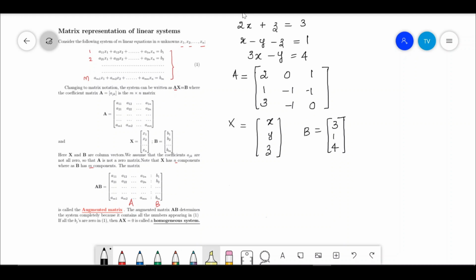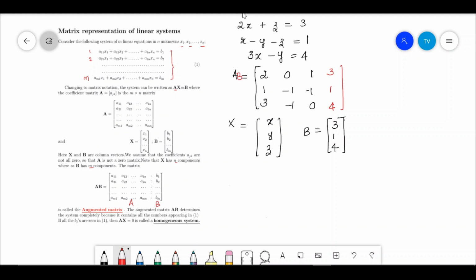Now let me show you how we can write the augmented matrix. To get the augmented matrix, we are going to attach A and B. B is written along with A. So we have the matrix AB. This is the augmented matrix AB.